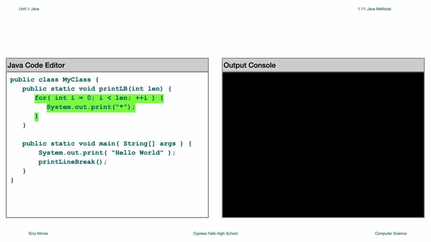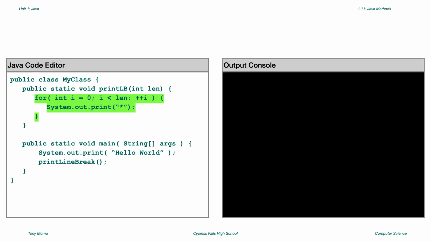I write a for loop where the number of iterations will be equal to the value of the parameter. Then inside that for loop, we print out a single star character each time. Notice that I used the System.out.print method instead of println. This is because I want each star to be printed side by side. I don't want them printed out on their own separate line.